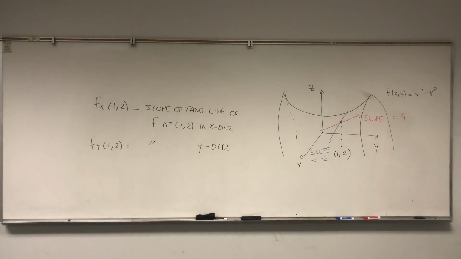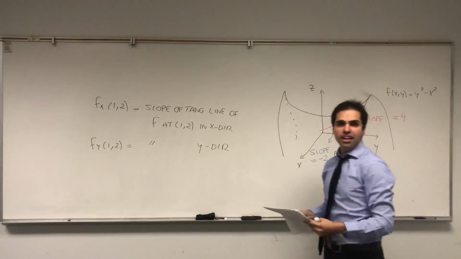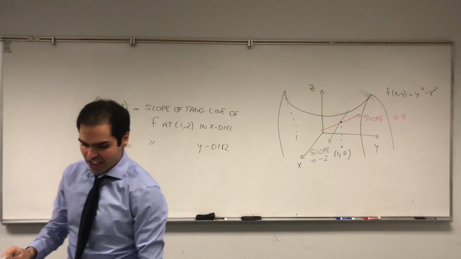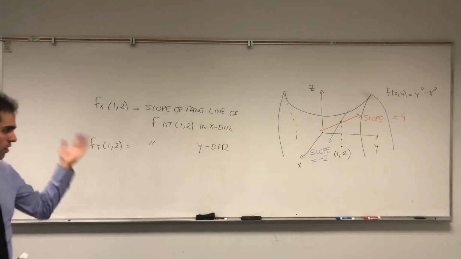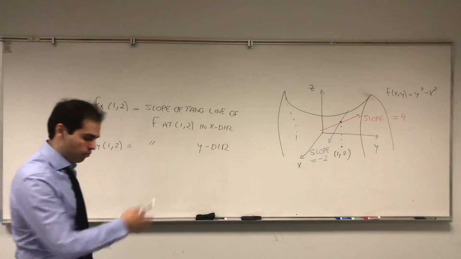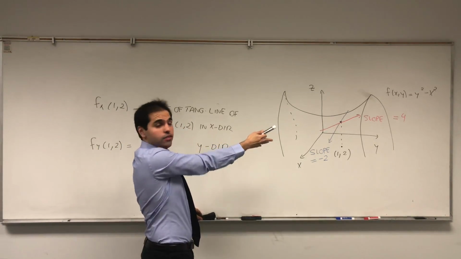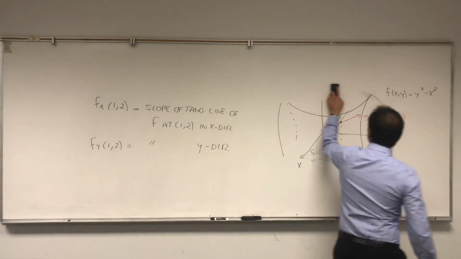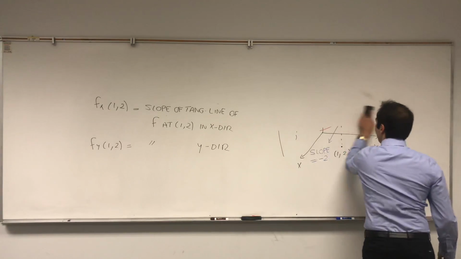And the nice thing is, using this graphical interpretation, we can finally give an actual definition of the partial derivatives, which is more or less just based on this picture, which I'll erase and then redraw.